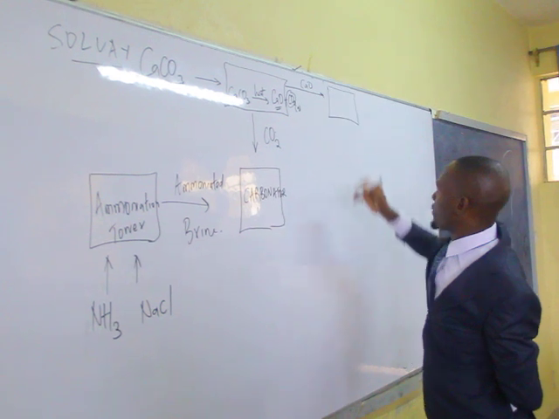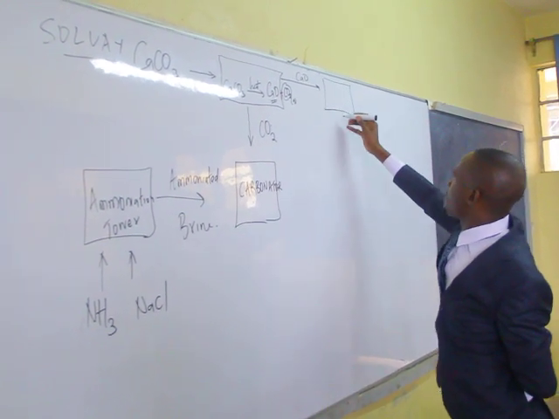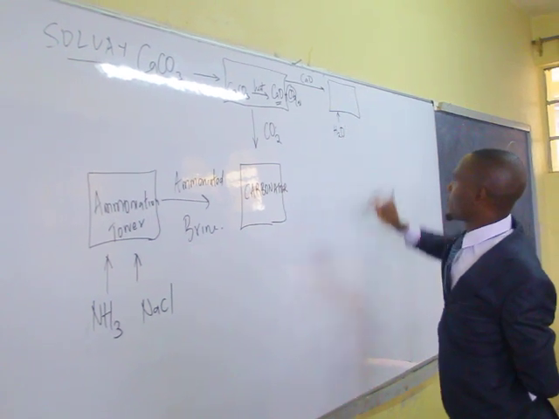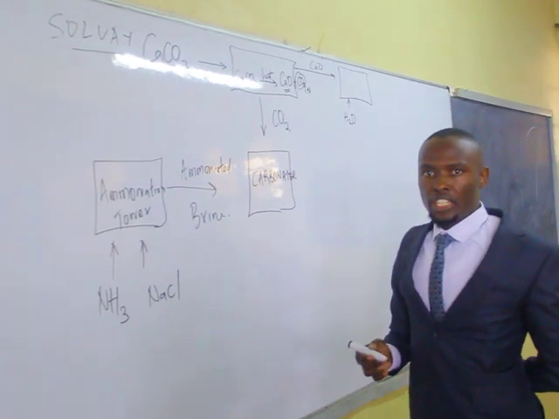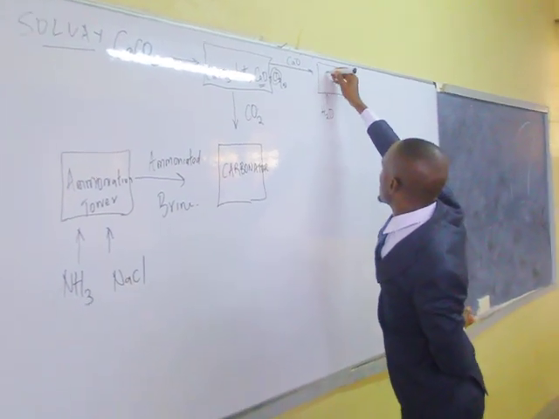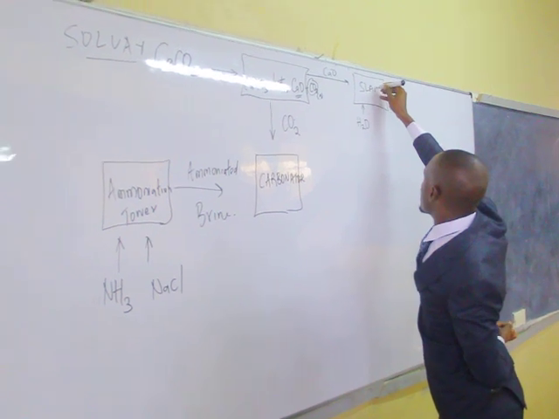I'm going to draw a chamber like this. Into this chamber, water is added. The addition of water to calcium oxide is called slaking. So this chamber is called the slaker.